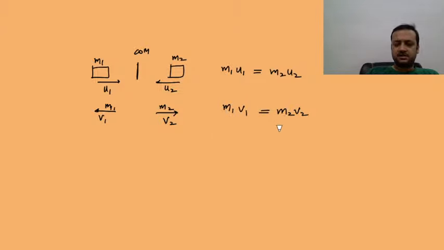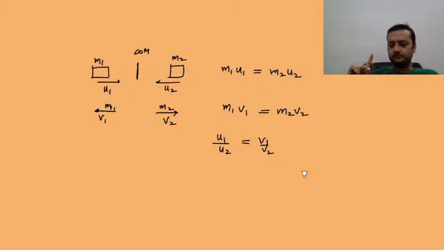This situation must still hold because the linear momentum must still be zero. So one thing we have understood is that u1 by u2 will be equal to v1 by v2. That means the ratio of final velocities will be equal to the ratio of initial velocities. This thing will remain intact.